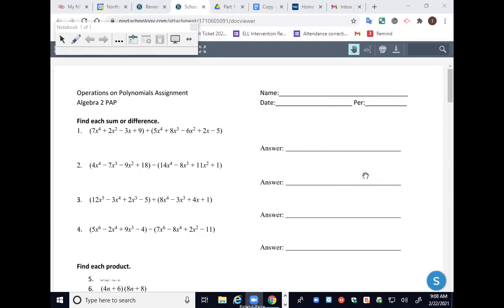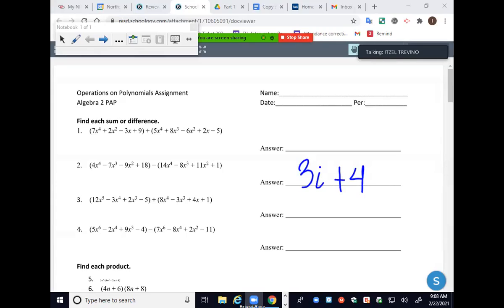Whenever we have our polynomials, we thought back to complex numbers. If you think back to complex numbers, something like this, I have my imaginary, I have my real number, a complex number.